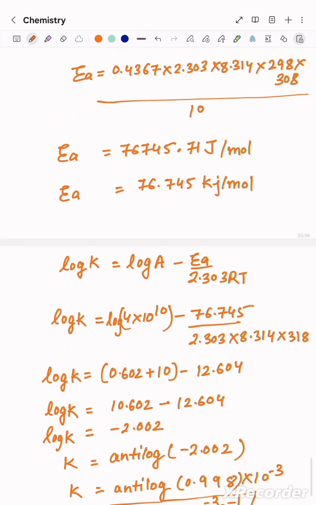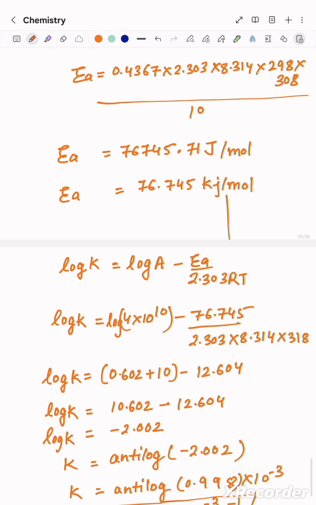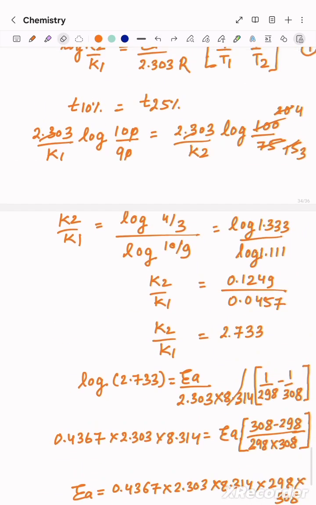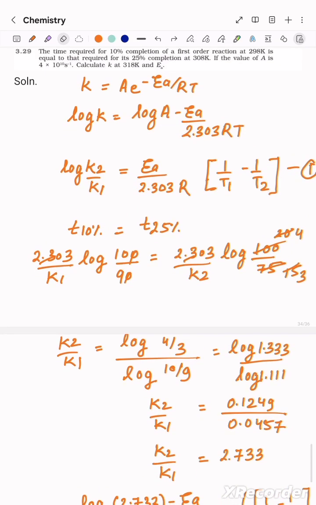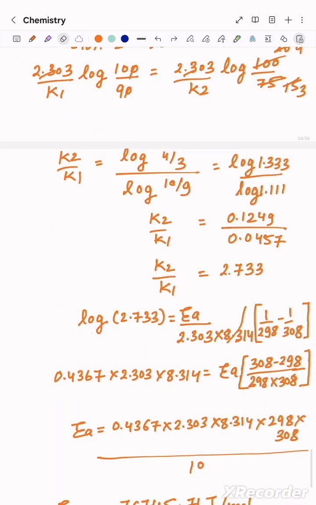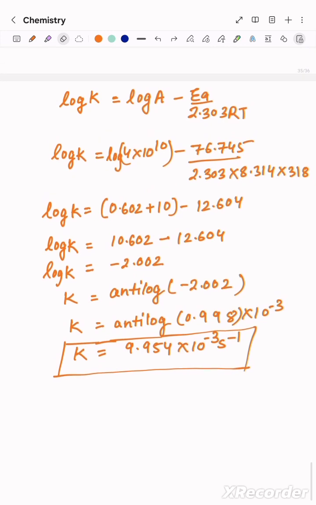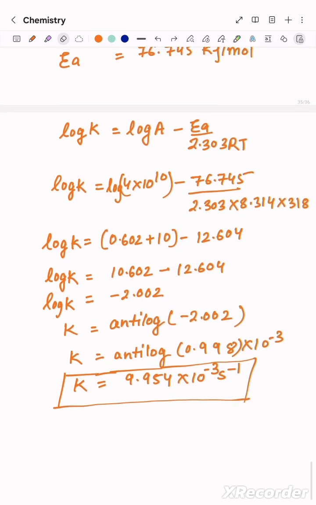After EA value calculation we put the value in the Arrhenius equation, and from this equation, at temperature 318 Kelvin and EA value, we got k is equal to 9.954 into 10 to the power minus 3 per second. So this is the answer.